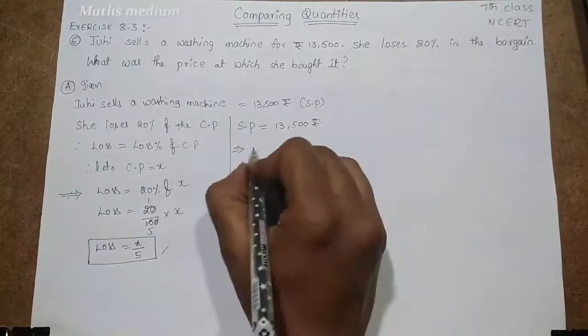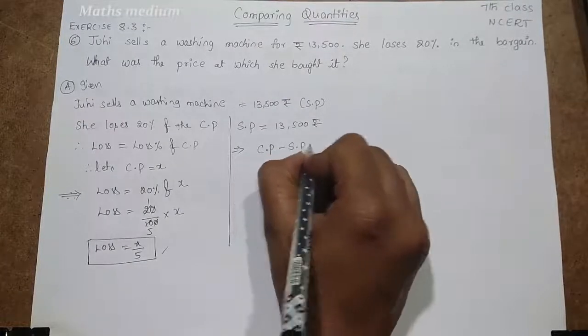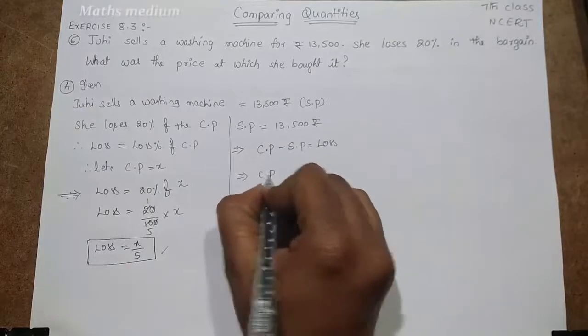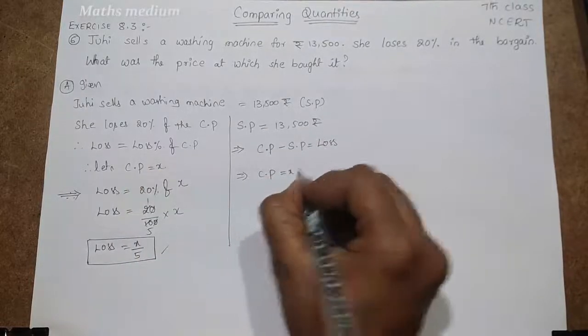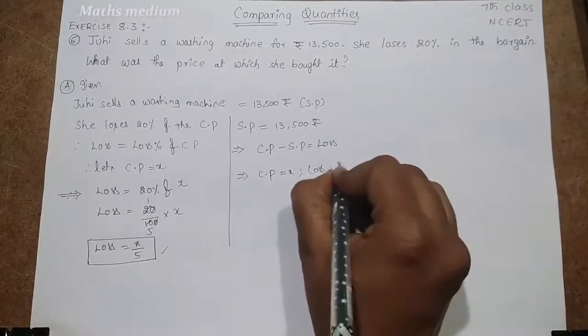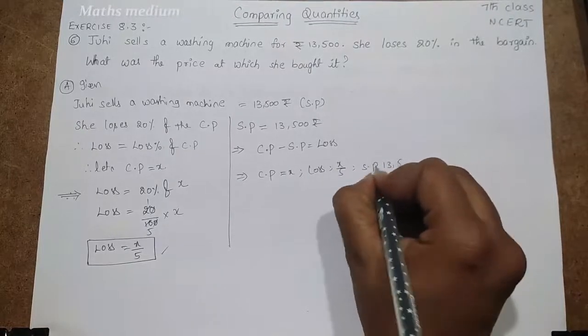Now we have to find CP. Only one formula, that is CP minus SP is equal to loss, right? So CP is X, loss is X by 5 and SP is equal to 13,500 rupees.